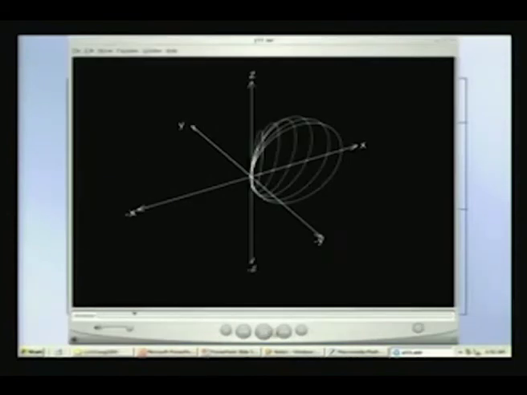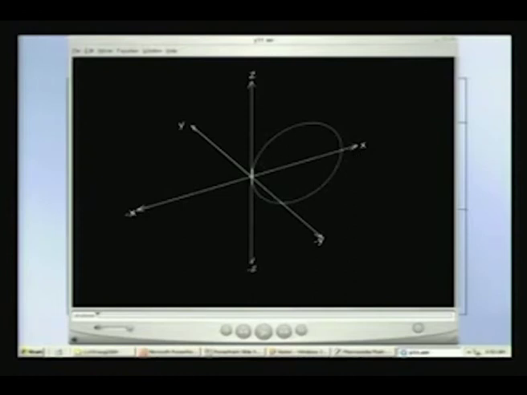So what you have here, let me go back to this picture. The first one is along the x axis, where phi is 0, so what you have is the plot of sin theta, since cos phi is 1. Now as you go from the x axis to the y axis to the minus x to the minus y and back to the x axis, phi goes from 0 to 90 to 180 to 270 and then to 360.